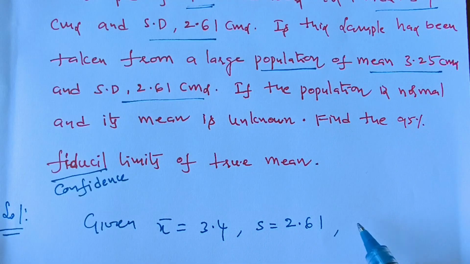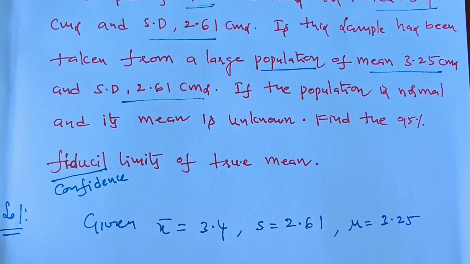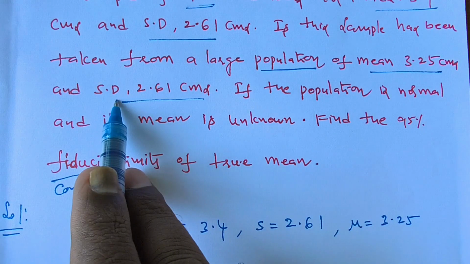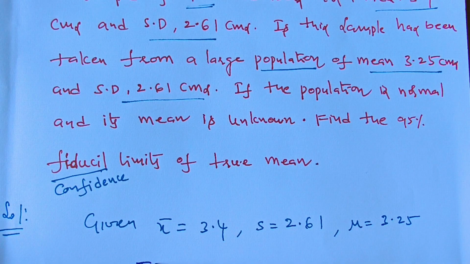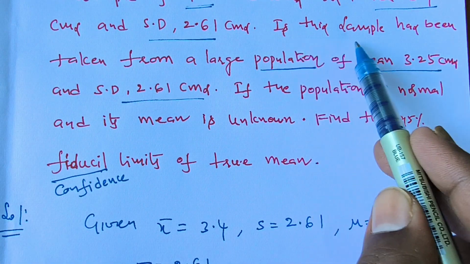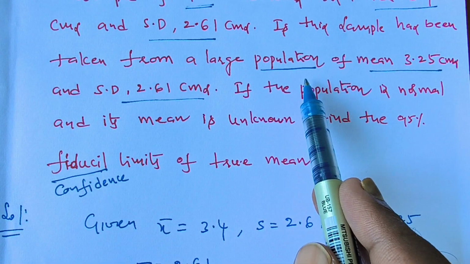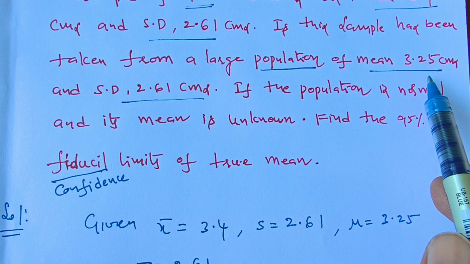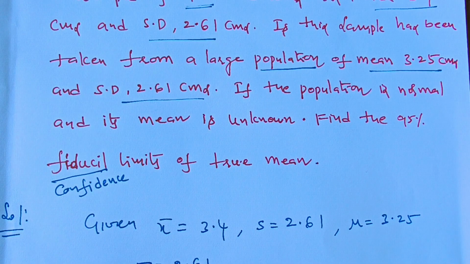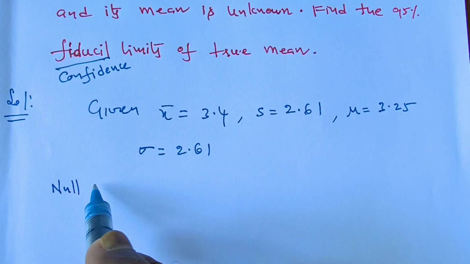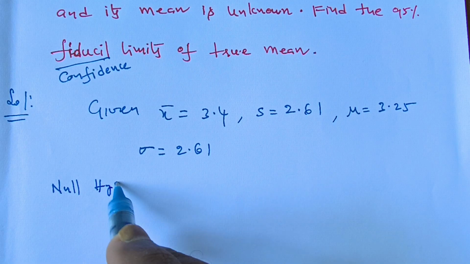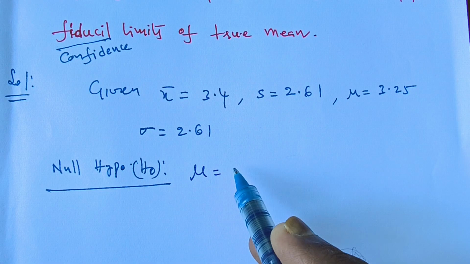Population mean is denoted by mu, that is 3.25, and the standard deviation of the population is sigma, 2.61. Now we have to test whether this sample has been taken from a large population of mean 3.25. That is the question, that is the data we have to test.